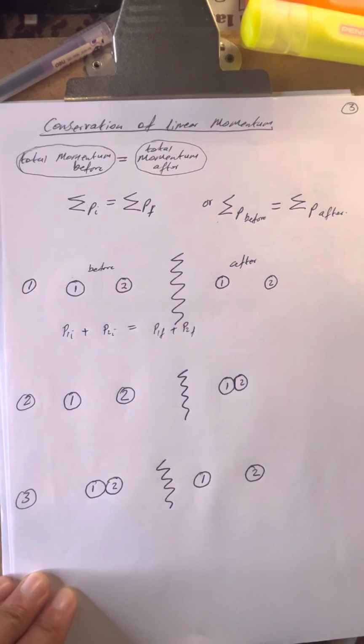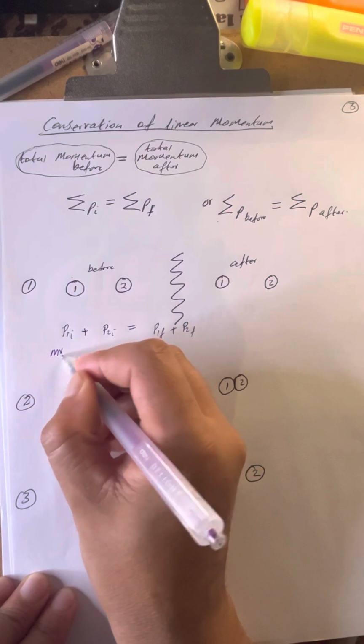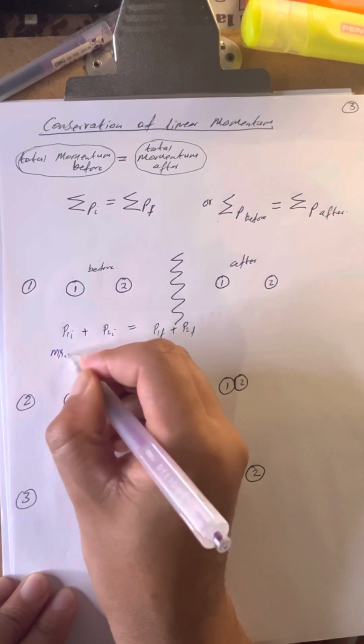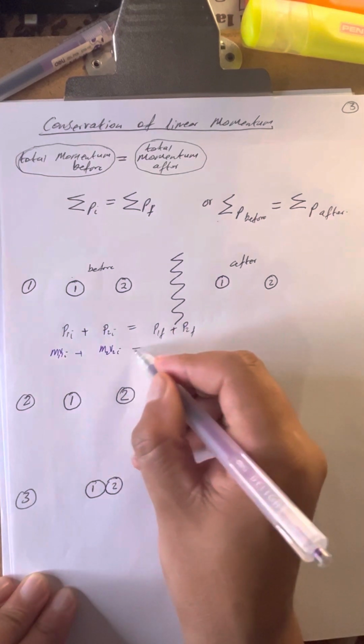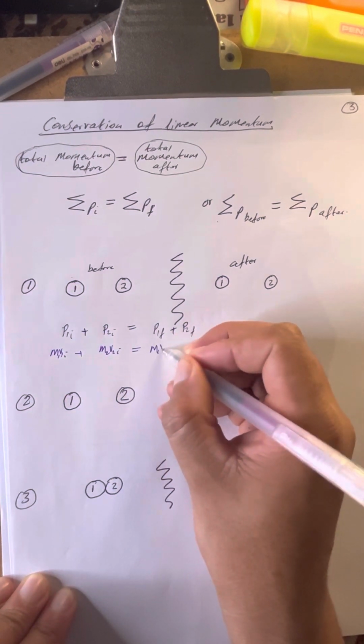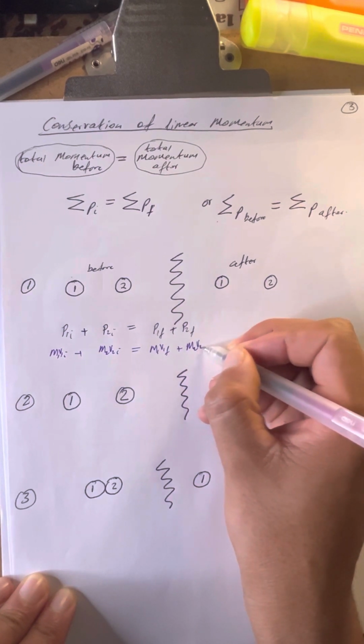So this becomes something that looks like this. It's M1 V1 initial plus M2 V2 initial equals M1 V1 final plus M2 V2 final.